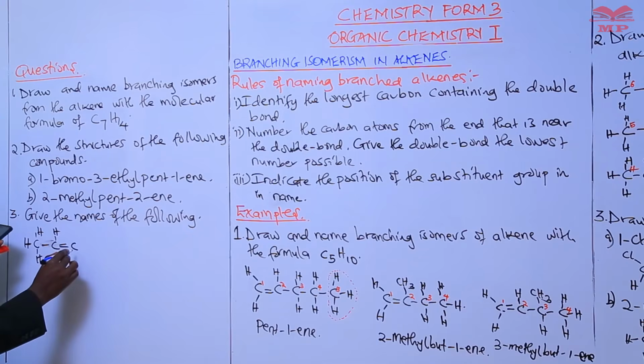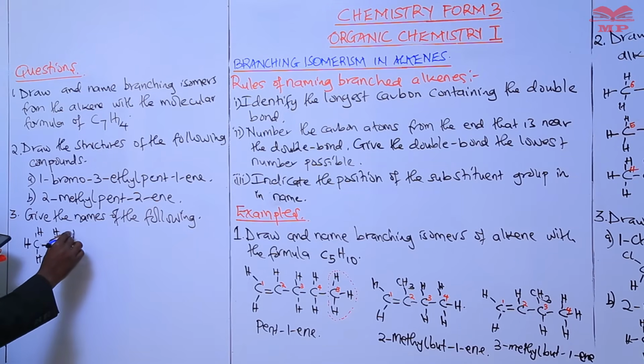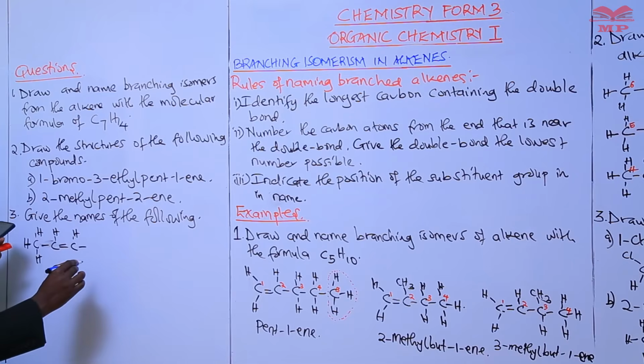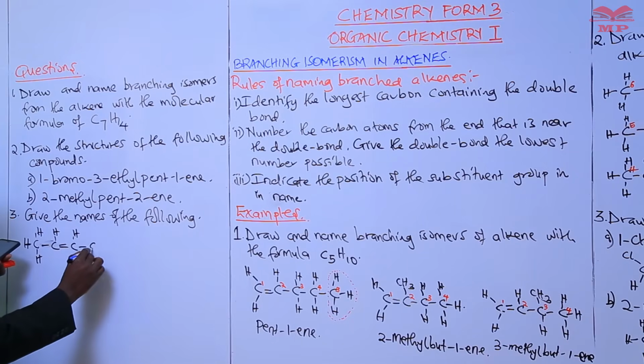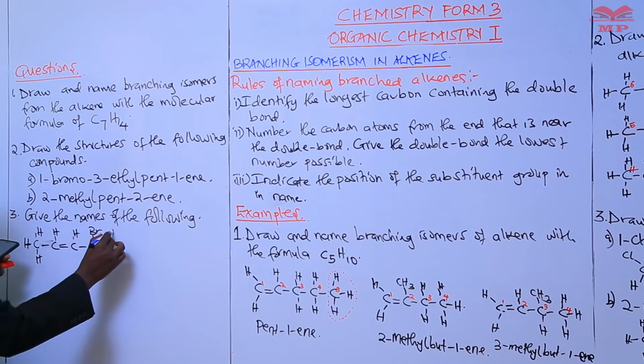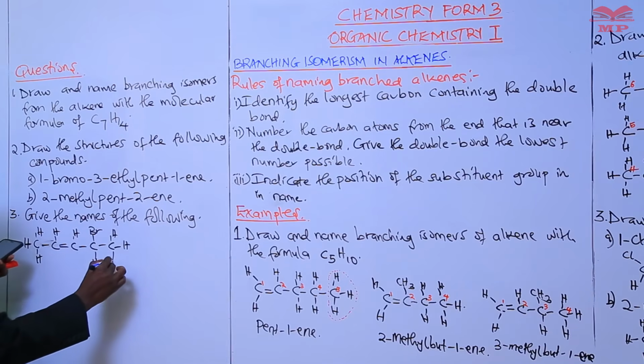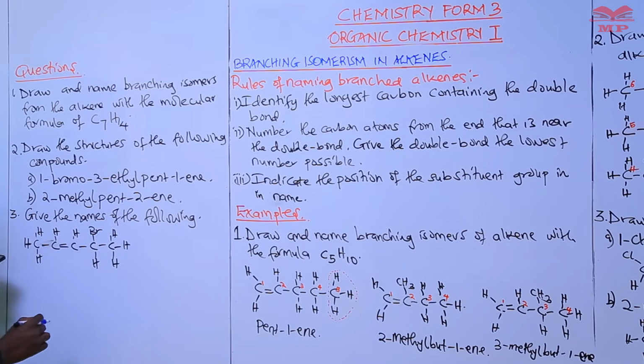The second one is bonded to 1. The third one is bonded to 1. And the fourth one has a bromine. And then the fifth one has the 3 hydrogen atoms. This is A, try that one.